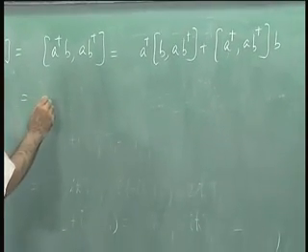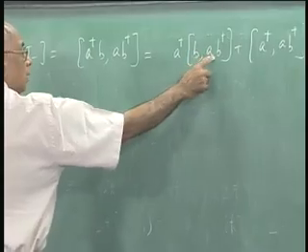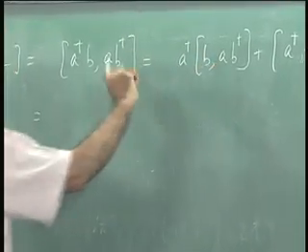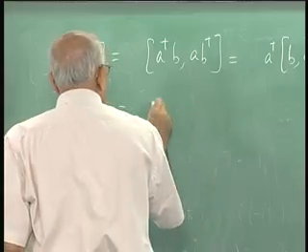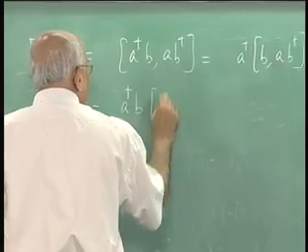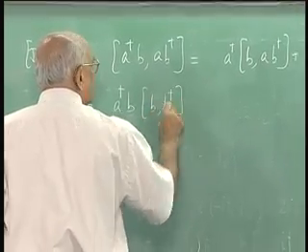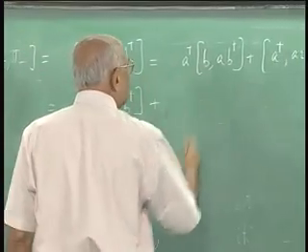This is equal to B with A dagger. Remember that B with A commutes, so there is no problem at all. So it is A dagger times the commutator of B with B dagger, and the other term is 0.